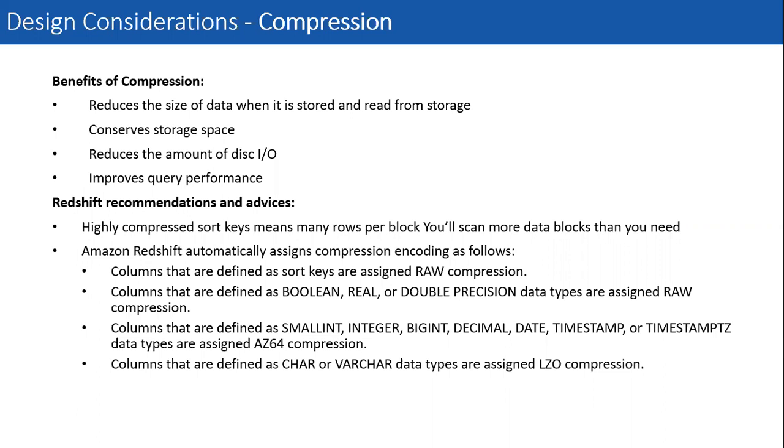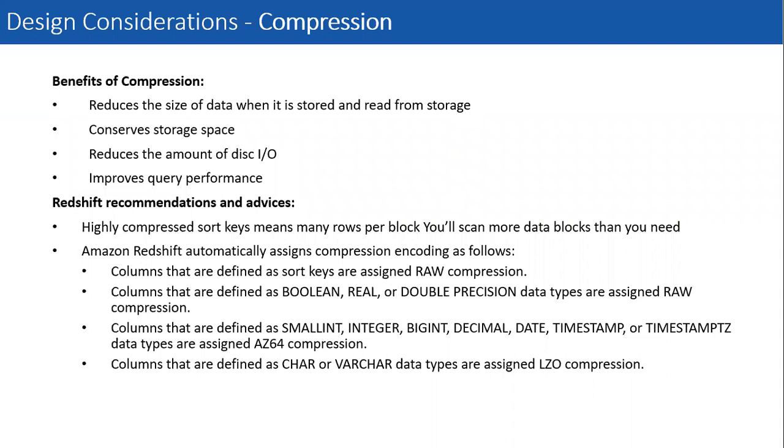The important consideration here is that whatever column you use as a sort key, you usually don't compress it. It is not best practice to compress it, because many sort key values would be stored in a single block, so many rows can be stored in a particular block, and hence the read operation becomes more expensive.